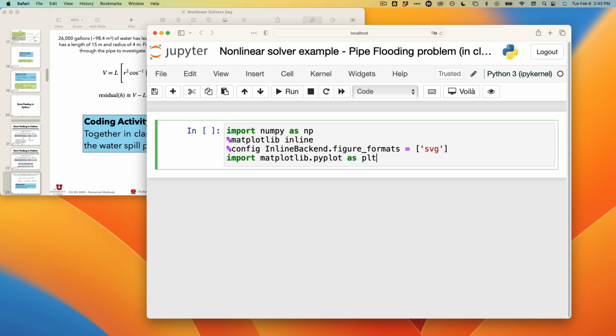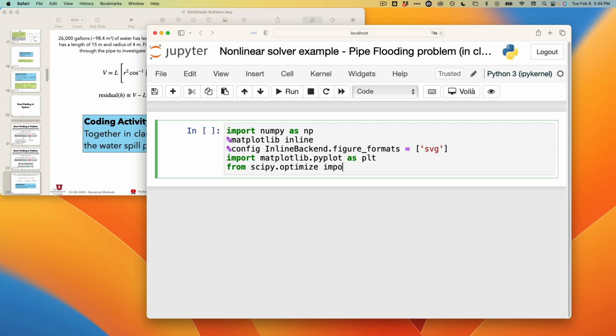Okay, so that's my boilerplate, and we will need fsolve. So I'm just going to go ahead and import it here: from scipy.optimize import fsolve.